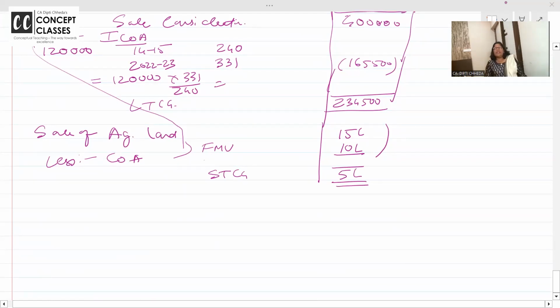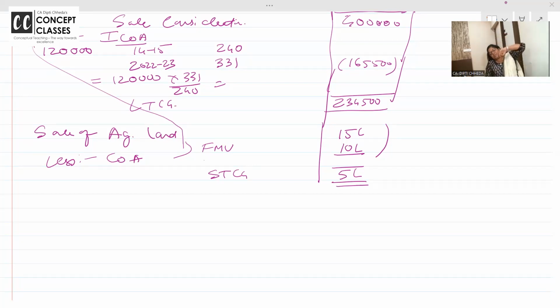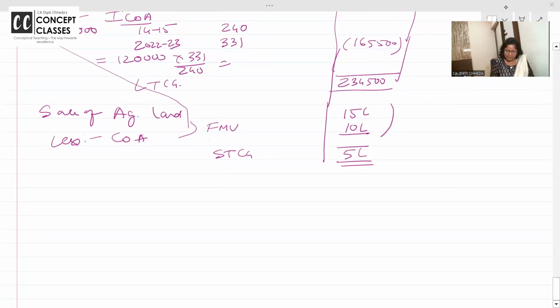Whatever fair market value I have received, when I sell it, that's going to be the cost for me. This logic we have seen in many other topics in capital gain.